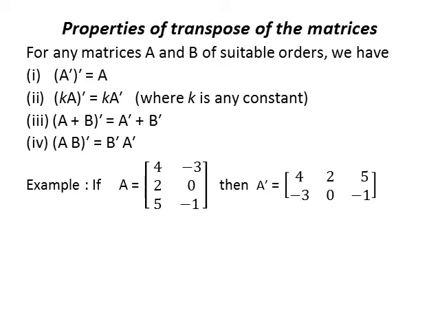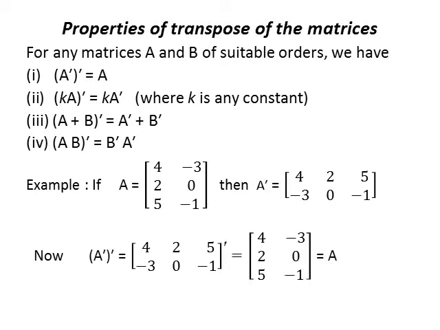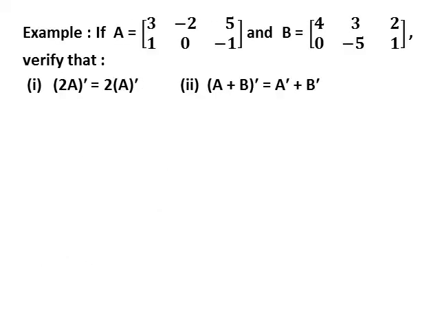So transpose of A is a matrix with elements 4, 2, 5 in first row, minus 3, 0, minus 1 in second row. Now, if we take transpose of this new matrix as shown, we get a matrix which is equal to A. So we have verified the first property, that transpose of transpose of matrix A equals matrix A itself. Moving to the next question.